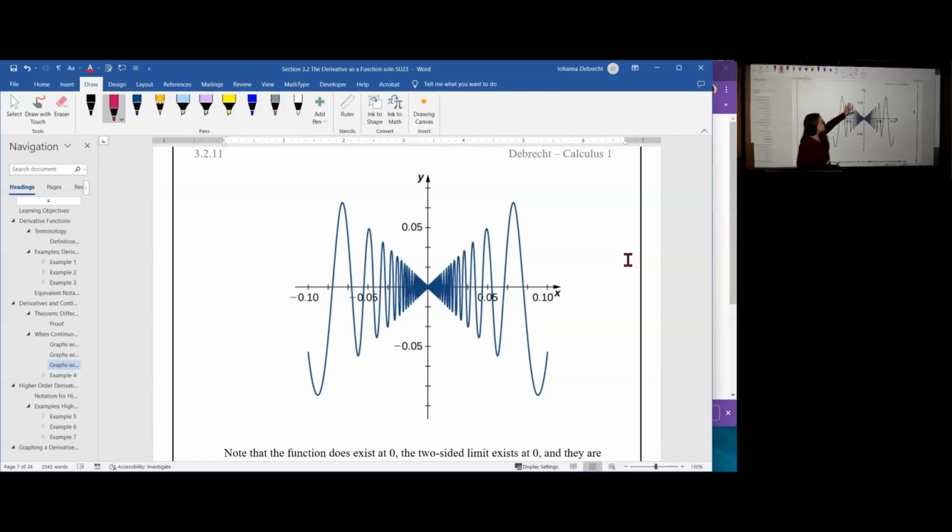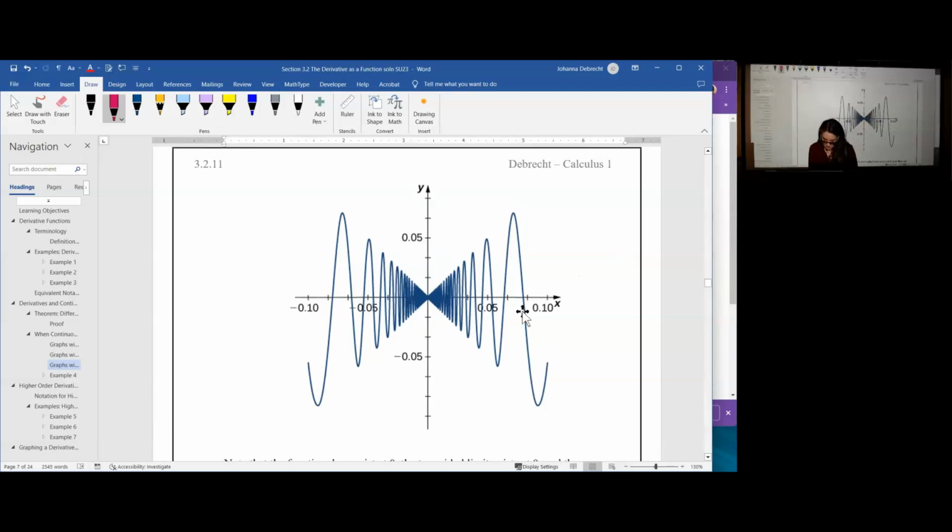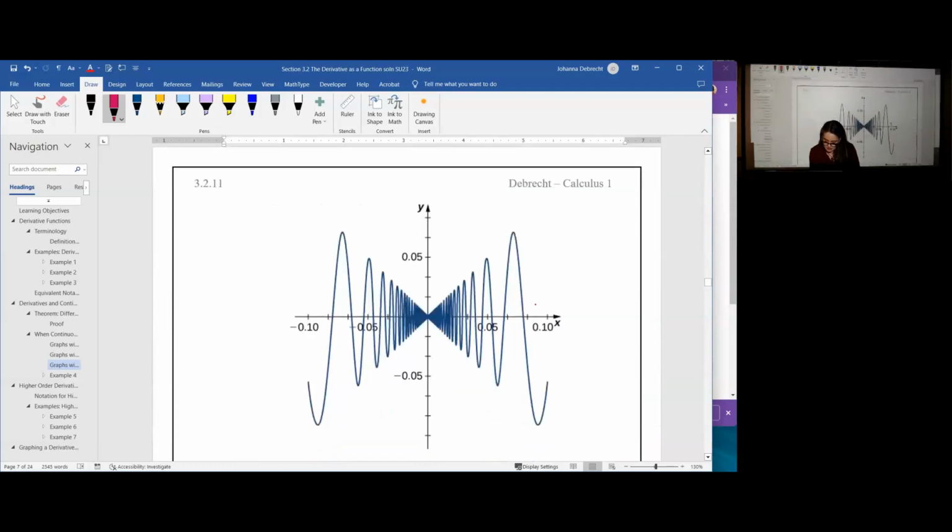X times sine of 1 over x has to be sandwiched between x times 1 and x times negative 1, because sine goes between 1 and negative 1. That means that it has to be between the graphs of negative x and x. And you can see the graphs of x and negative x right here.